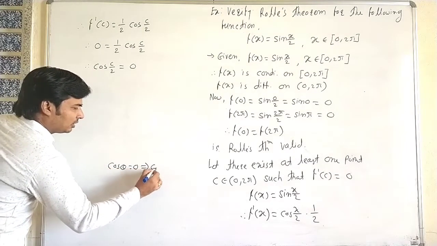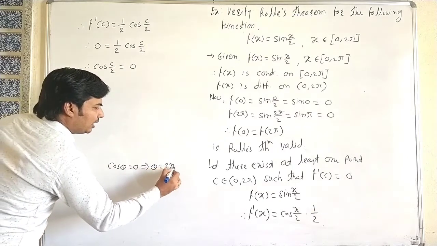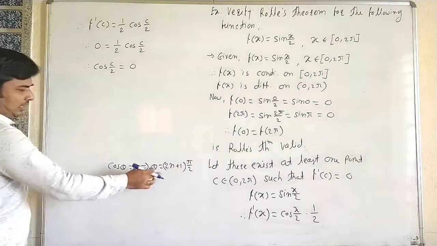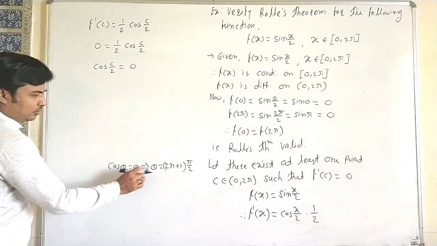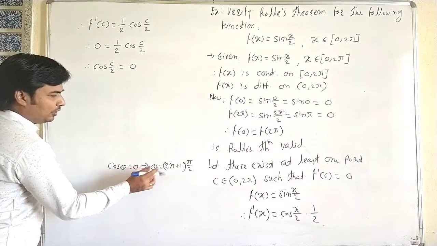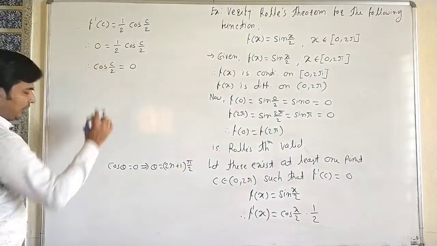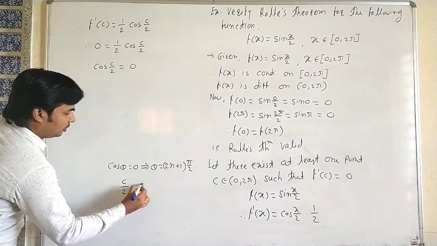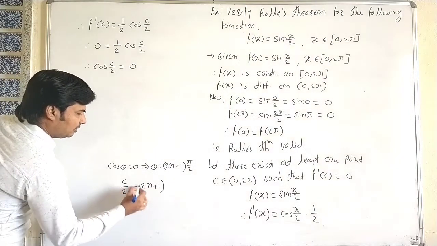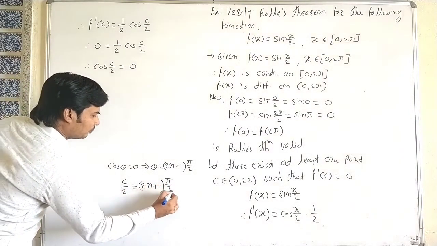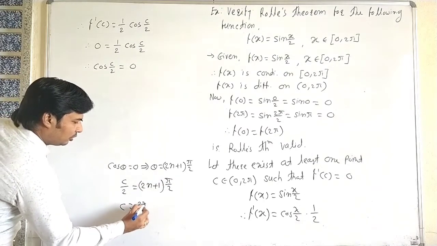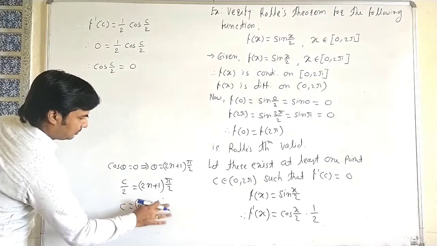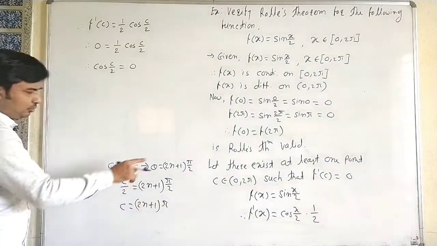This gives θ is equal to (2n+1)π/2. Therefore here c/2 is equal to (2n+1)π/2. Therefore c is equal to (2n+1)π, the 2 gets cancelled.